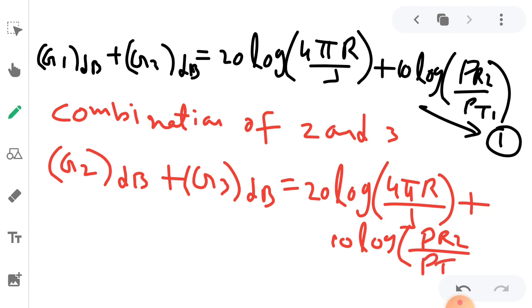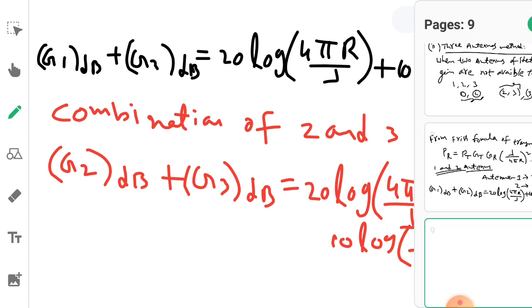We consider 3 as the transmitter antenna, and 2 is the receiver antenna, so we take it as PR2. G2 and G3 are the gains, PR2 is the received power, and G3 here is the transmitter antenna, with PT3. So this will be equation number 2.